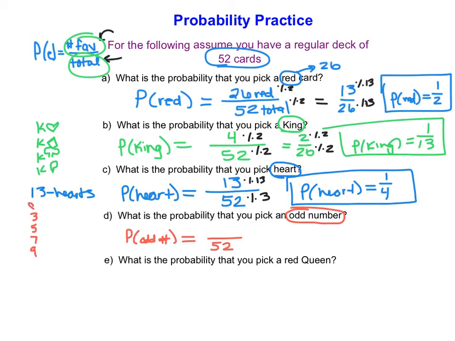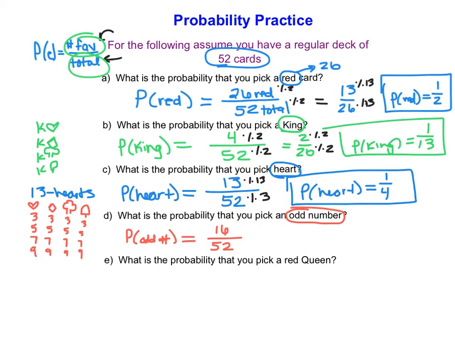Now I know that I'm going to have these numbers for hearts, for diamonds, for clubs, and for spades. They're going to have one of those cards for each suit. So I can see I have a total of 16 cards in my entire deck that might have an odd number on them.